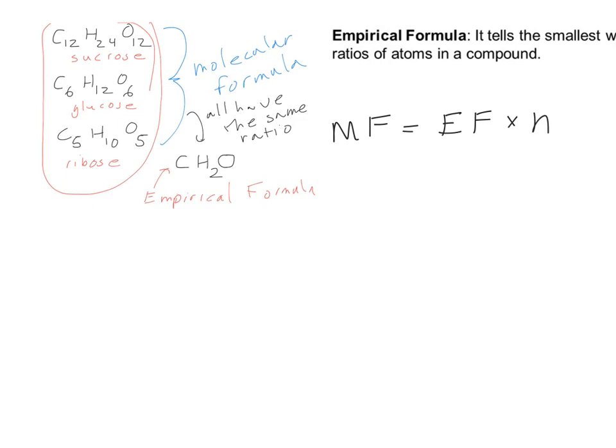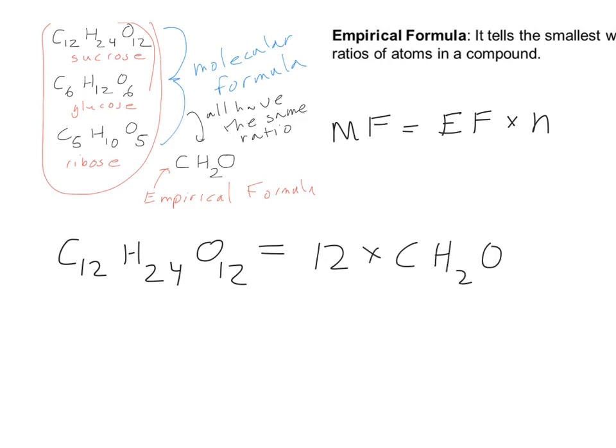For example, our sucrose's molecular formula is 12 times the empirical formula, right? We multiply 12 times 1, we get 12 there. We multiply 12 times 2, we get 24. 12 times 1, we get 12.